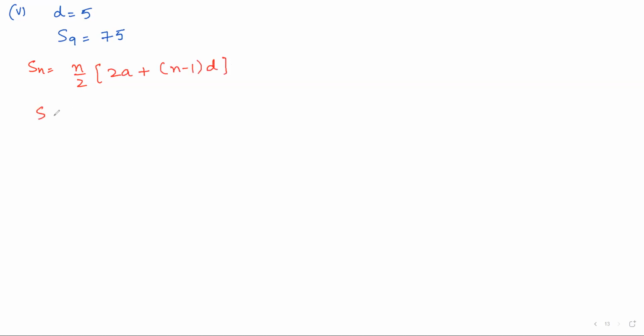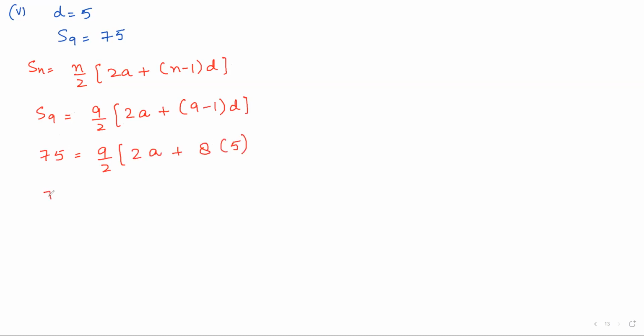Now S9 becomes 9 by 2 into 2a plus 9 minus 1 into d, right? So S9 is 75 is equal to 9 by 2 into 2 into a plus this is 8 into d, d is 5, right?